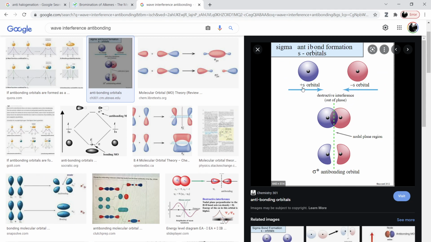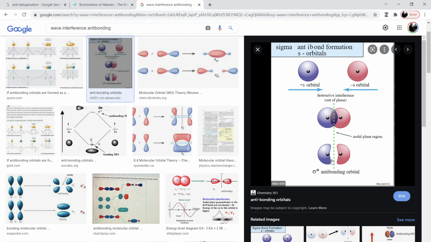So if we have s orbitals coming together, they can make anti-bonding orbitals if their waves happen to interact poorly. If we have the wrong phases interacting together, that's where we get these anti-bonding orbitals, where there's in fact this area in between them that no electrons can exist.